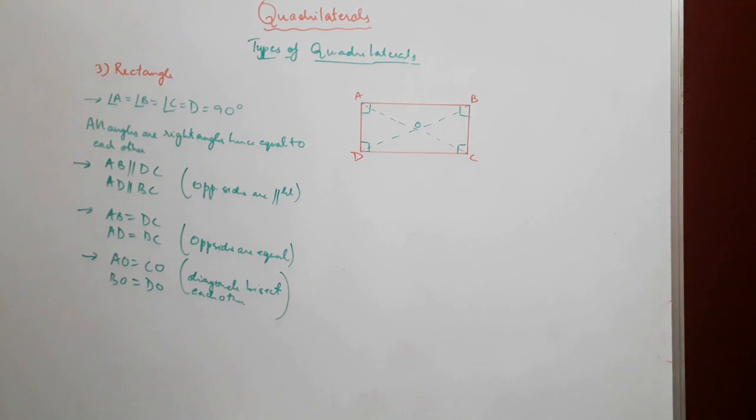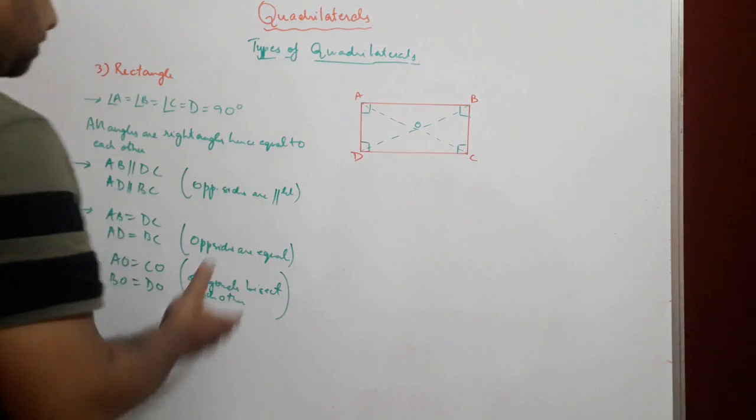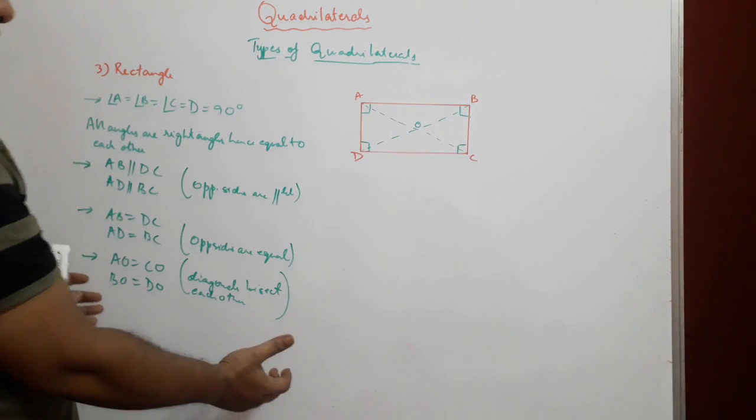So the question now arises: what is the relationship between a rectangle and a parallelogram? All rectangles, can they be parallelograms? Yes, they can be parallelograms, but all parallelograms need not be rectangles. Because this is a parallelogram, it has almost all the properties of a parallelogram.